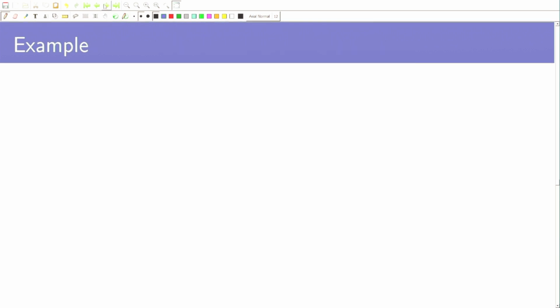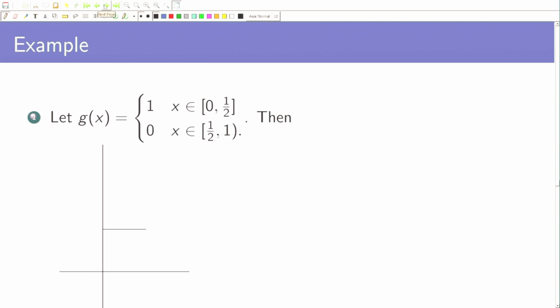So, let us see some concrete example. I take g of x equal to 1 if x is between 0 and 1 half, and it is only defined on 0 to 1. Now, we want to extend this function g to the whole of R such that the extended function is 1 periodic; that is our goal.